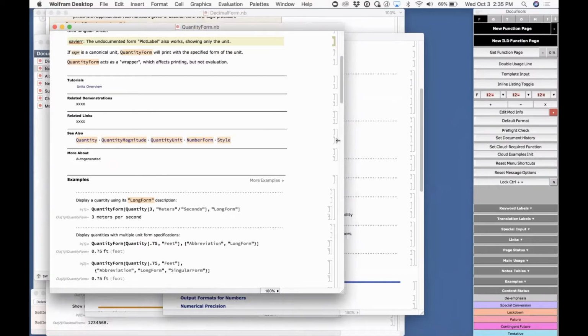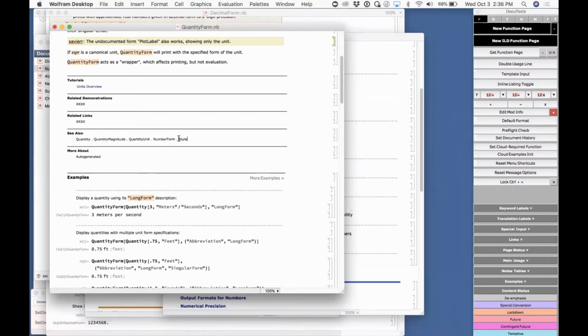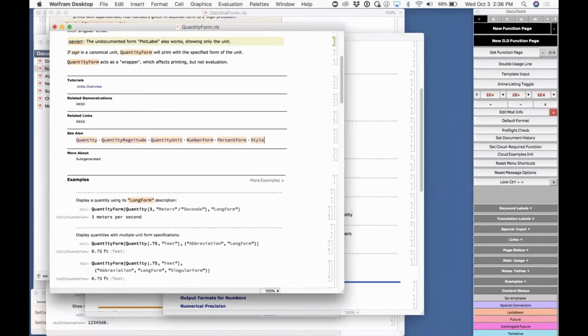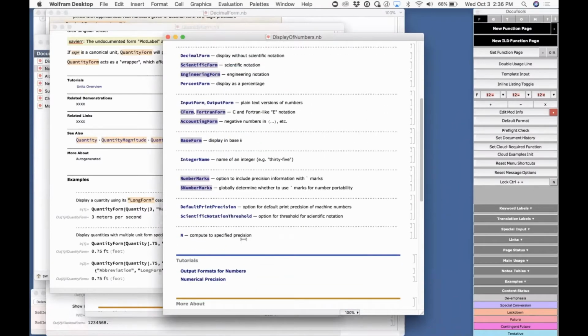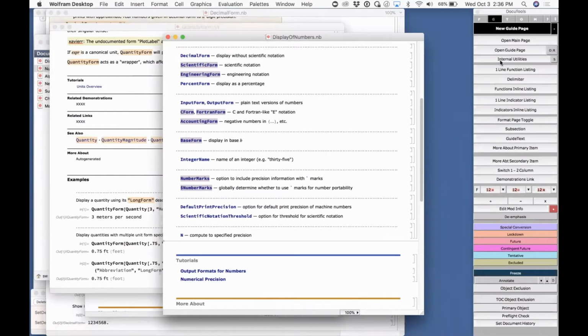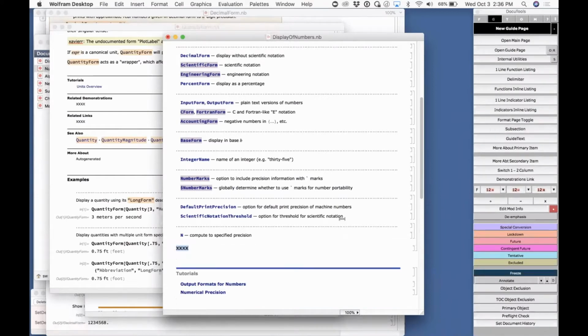Yeah, I think this should mention, before Style, should mention PercentForm. And here, we should have a thing for saying displaying quantities.